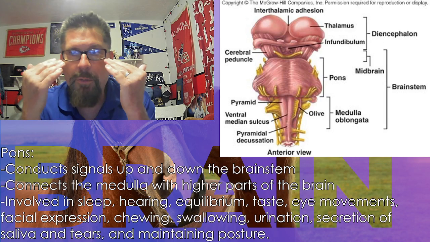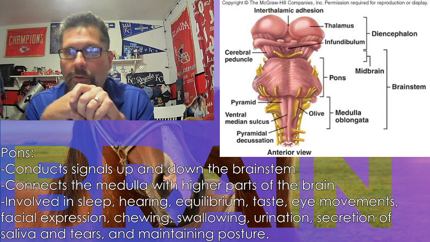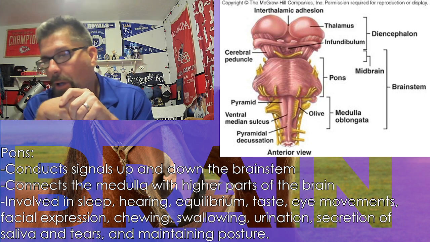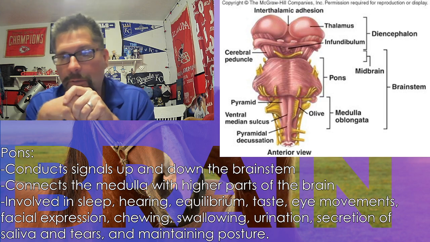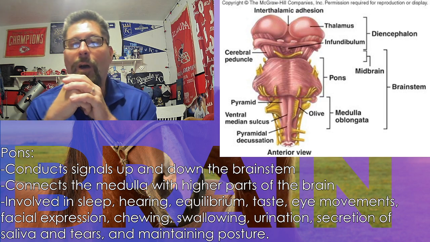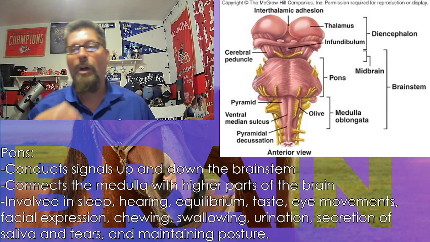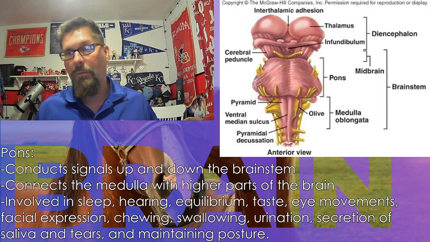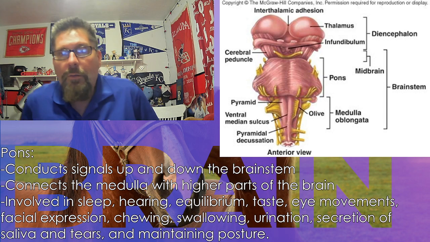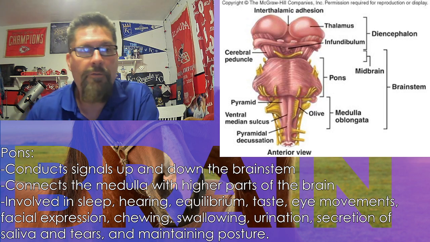It's right above the medulla. It's got that big section again. When you looked at it in other screens, it's like these big muscly things, but that's the pons, in charge of a lot of things. So just the idea of standing upright, facial expressions. This obviously is our muscles that do that, but they're the brain control centers that control those features.